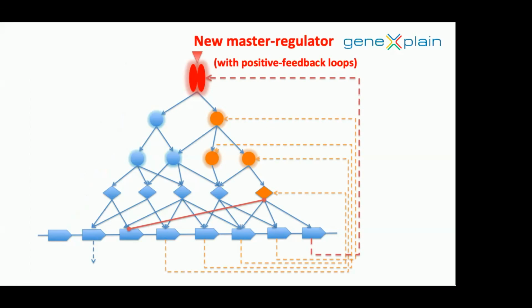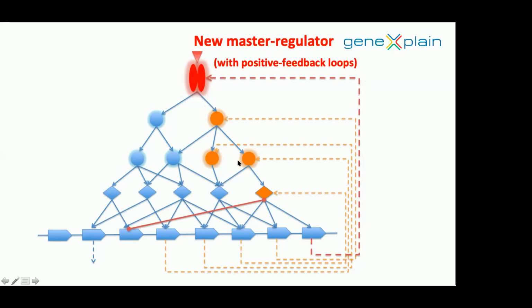We'll see them later in our analysis. Which means that this regulation supports itself. So these master regulators activate those transcription factors, which in turn regulate the genes which encode the master regulator itself. So it starts activating itself through the positive feedback loops.